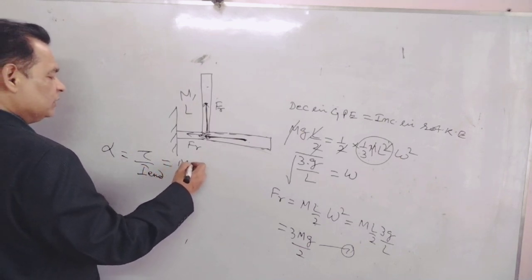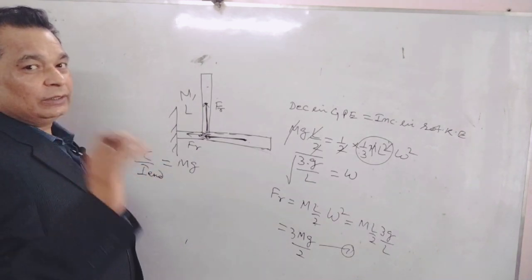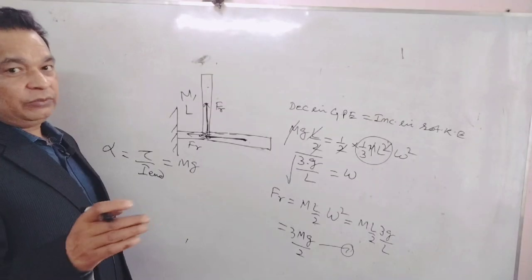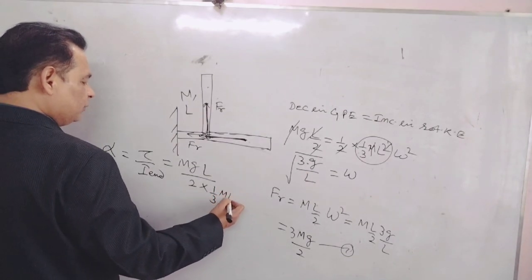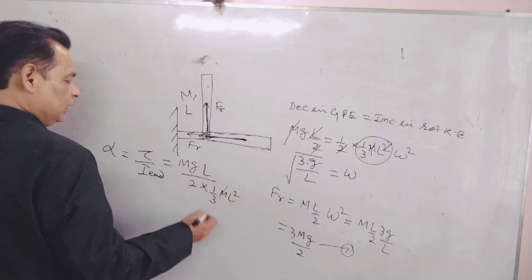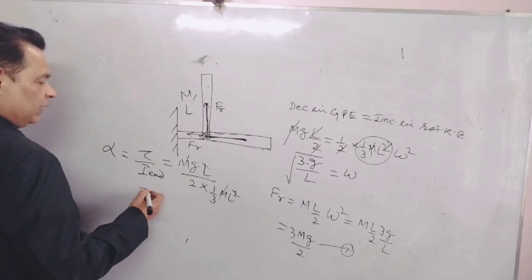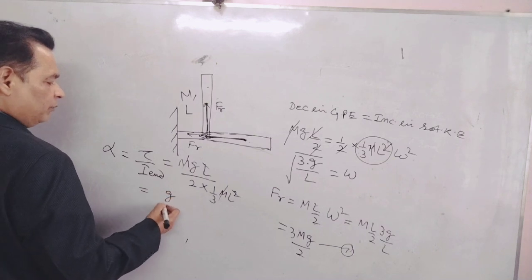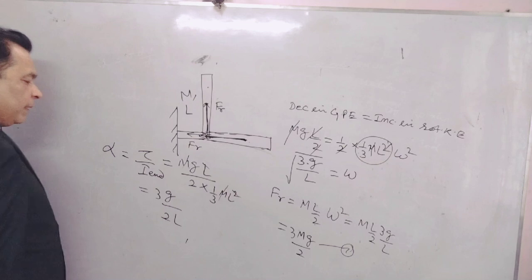Torque is mg force into distance L by 2. This should be divided by 1 by 3 ml square. Once again cancel, cancel, and this alpha is 3g by 2l.